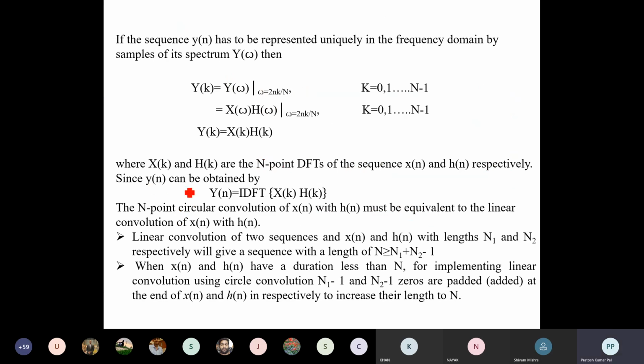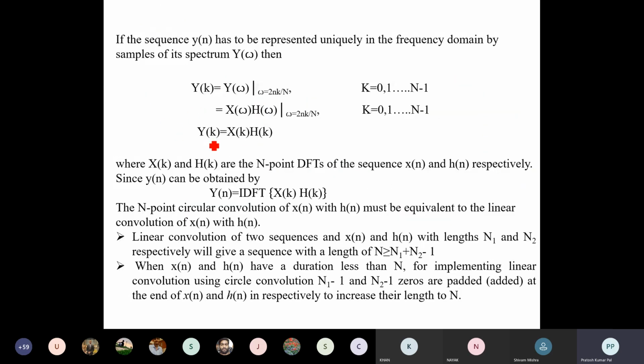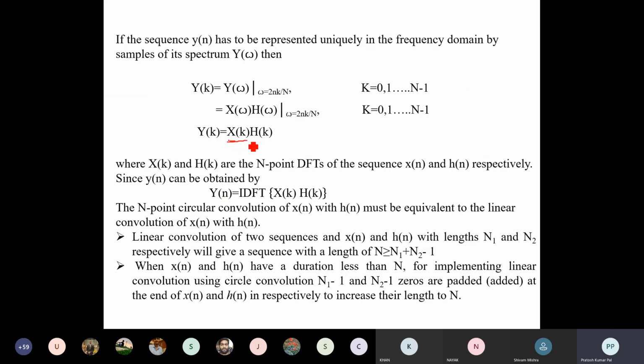So these are the different methods for how we can find it. Similarly, in case of linear convolution also, the convolution of x1 and x2 can be obtained, instead of using this formula, by directly finding the DFT of the individual signals and multiplying them, which gives y of k, and again we get y of n by using the IDFT method, similar to finding circular convolution.